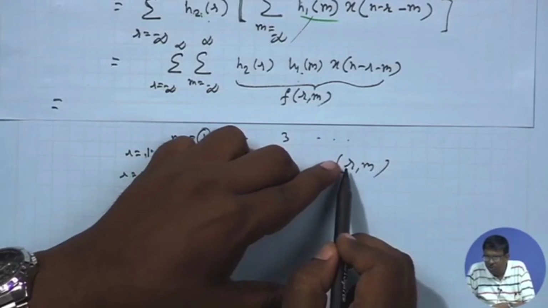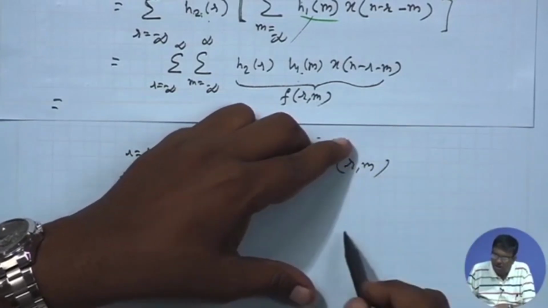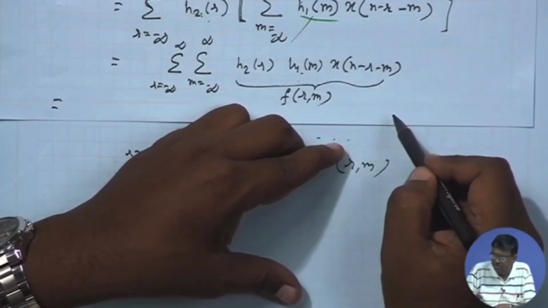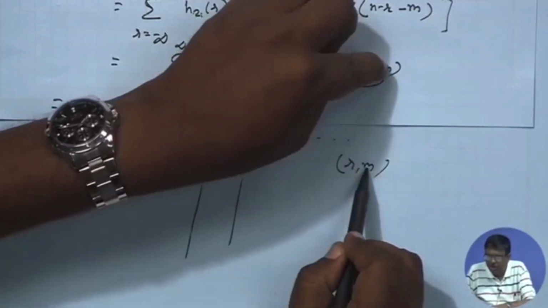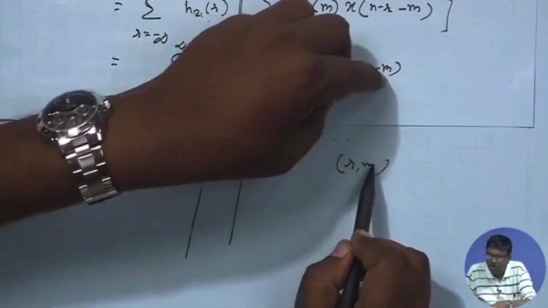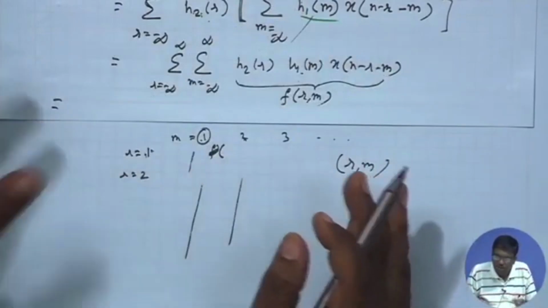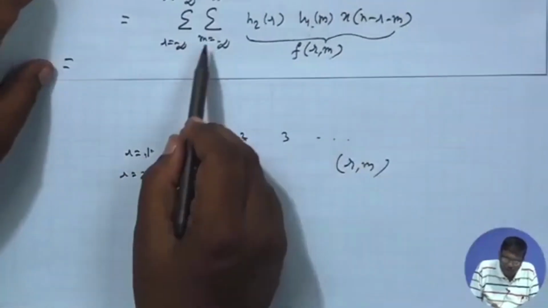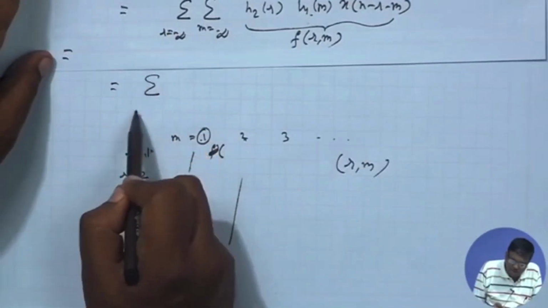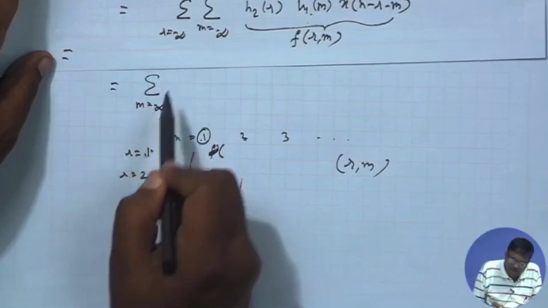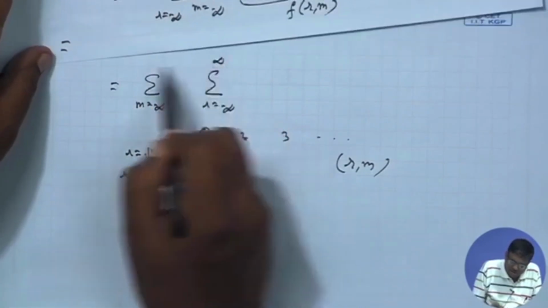Either way you cover all possible pairs of r and m, which means I can interchange the two summations now. I can bring the summation over m outside and the summation over r inside.